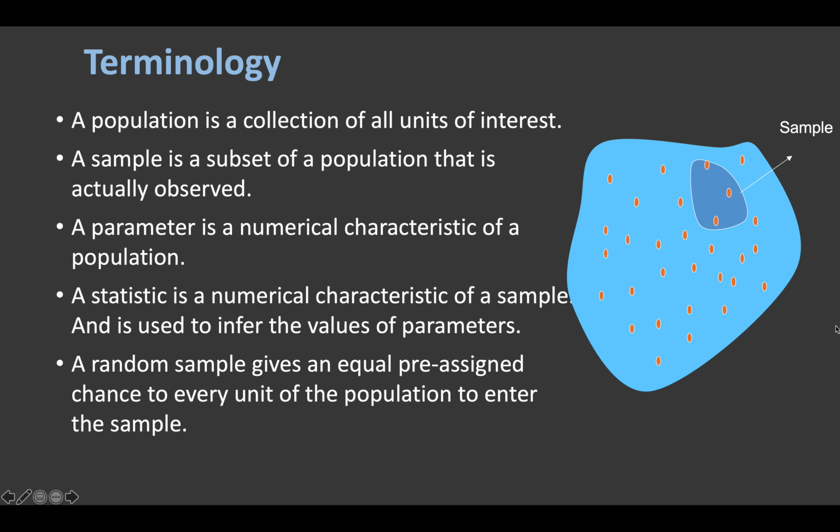So we may not be able to observe all the population. Maybe you feel very strongly, and you probably can feel that with the current outbreak of the coronavirus, right? So we cannot test all the population. We can only test a small sample of population and see if they are infected or not.